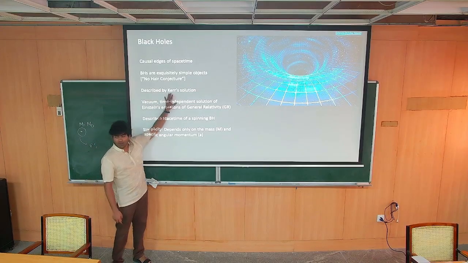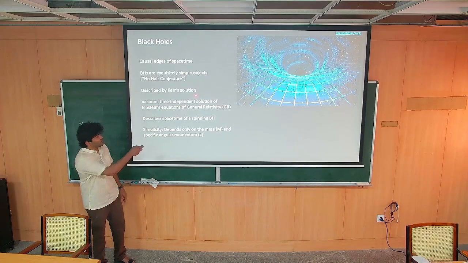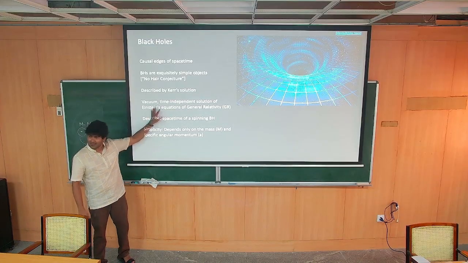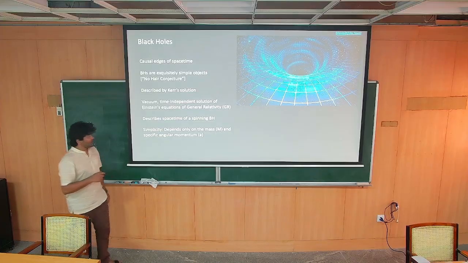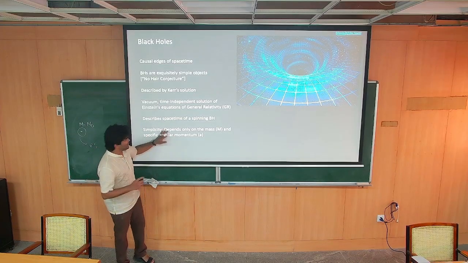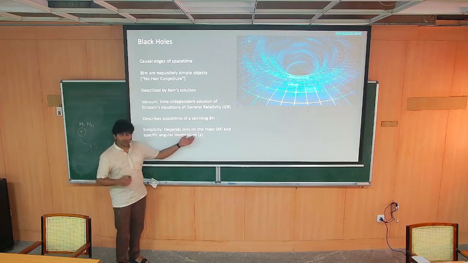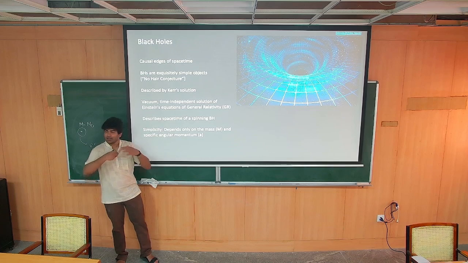Because there's something called the Kerr solution. Kerr was a guy in the 60s. He found a solution to Einstein's equations. Einstein's equations describe general relativity. They tell you how space is curved, etc., etc. So he found the solution that describes black holes. The details are not important, but the solution depends on only two numbers: the mass of the black hole and the spin of the black hole. So that is why we think that all black holes in the universe are just described by these two things.